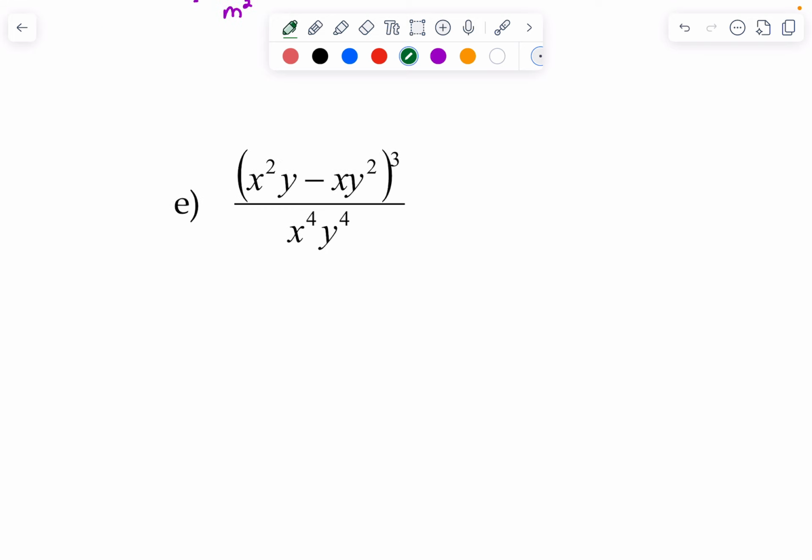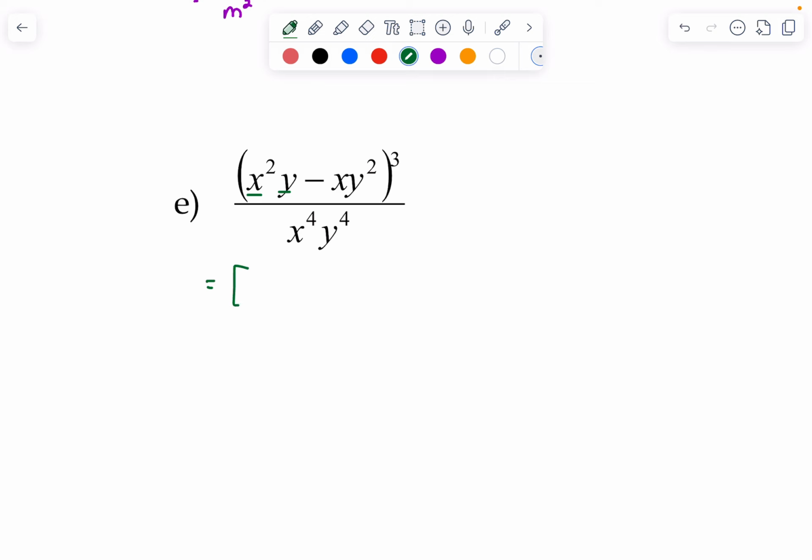And if you want to just follow along now, here is how I'm going to simplify this. Well, I see that I have an x and a y in both of my terms there, okay? So my first step is I'm going to take out a common factor from my numerator.